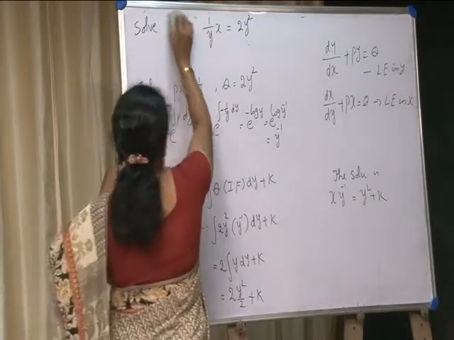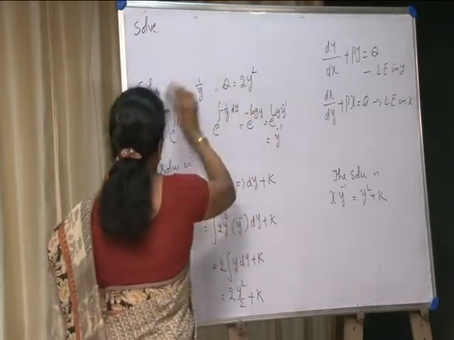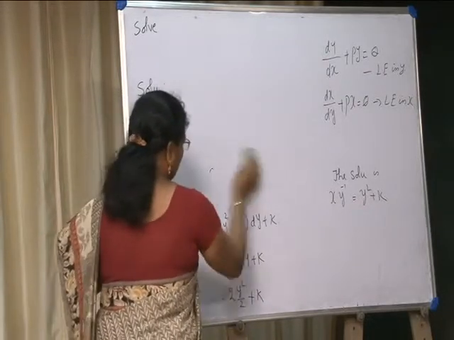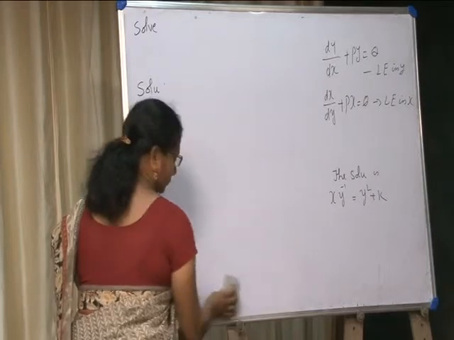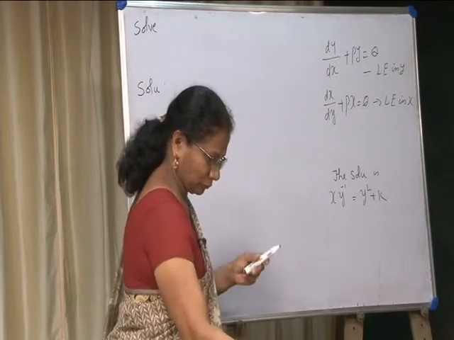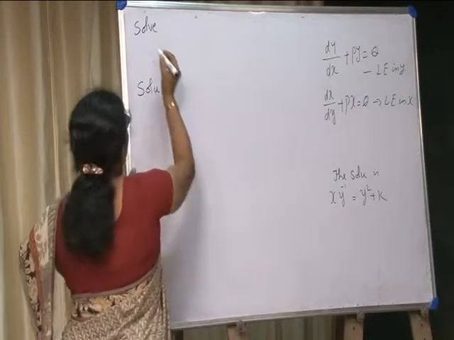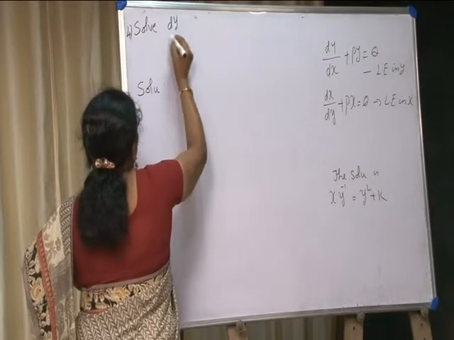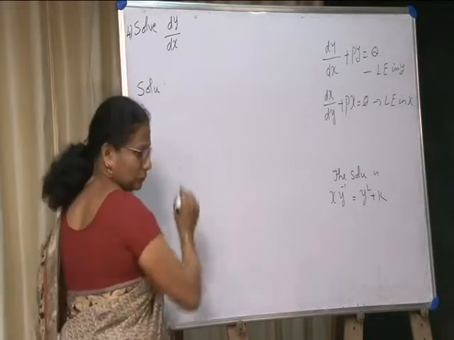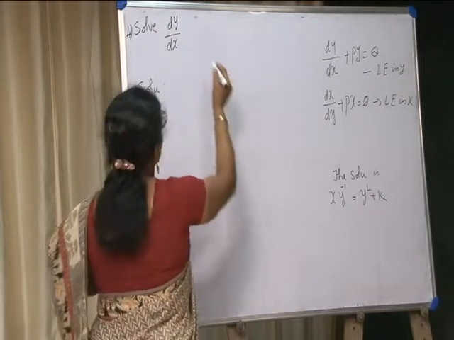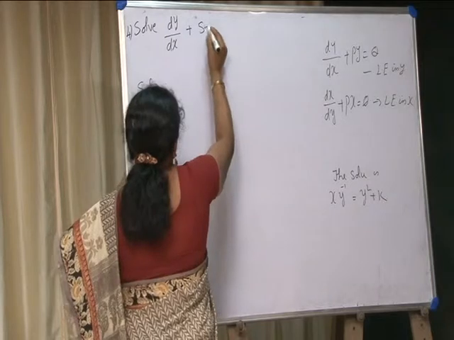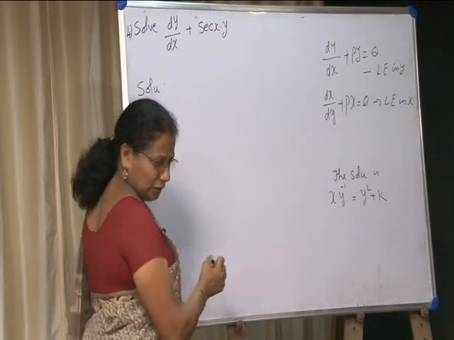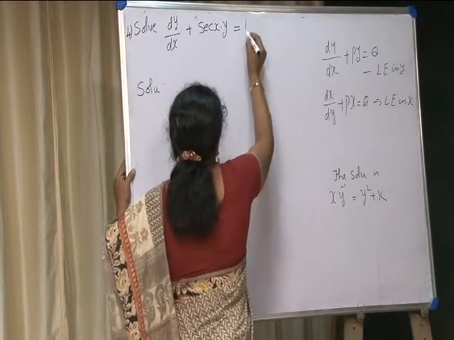The next one: dy by dx plus secant x into y is equal to tan x.